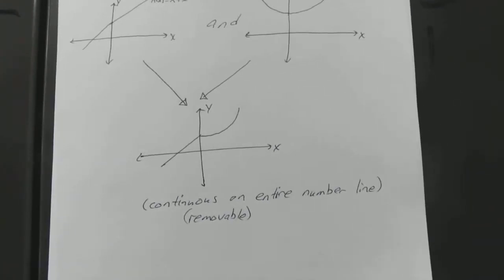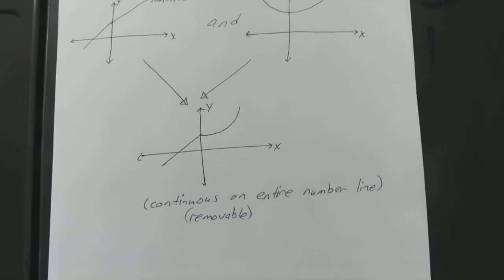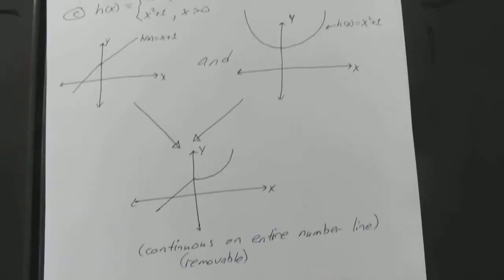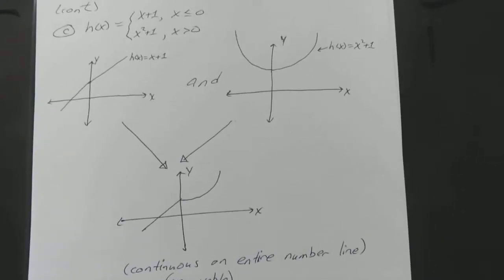So what he said before, if it was x plus 1 and x plus 2, but it still had that 0, it would have a hole, but it would be non-removable. Because if you just graphed it where it was here, it would have intersected here, but it would not have been continuous across the whole thing.